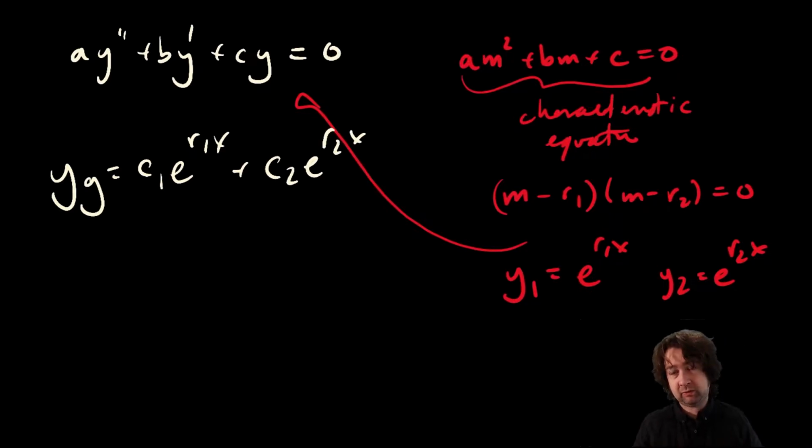I'm not trying to go through examples here. I'm just trying to remind you of the technique that you learned. This is one of the most important techniques in differential equations. But it comes with a major restriction, which is that the only equations we can solve are equations that have constant coefficients. What happens if we introduce a coefficient that is not a constant?